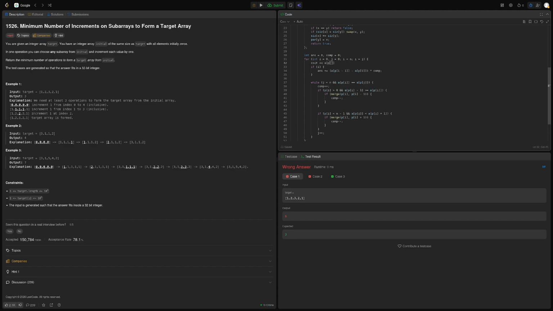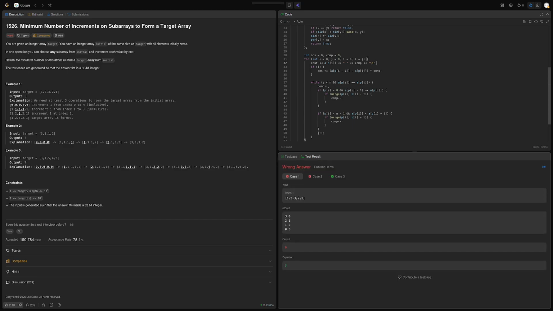So let's say we are at this element, and so far there have been this many components. So we are at 3, 0 component. We are at 2, 1 component. We are at 1. I don't know how there is only this many components.